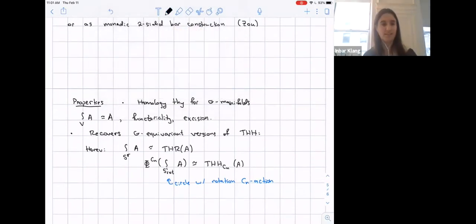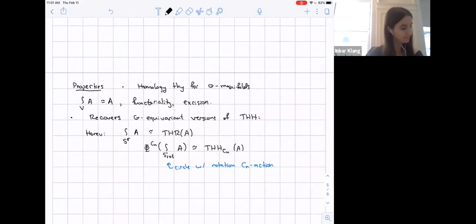Right, so just like in the non-equivariant case, a lot of the Hochschild type invariants show up as factorization homology.